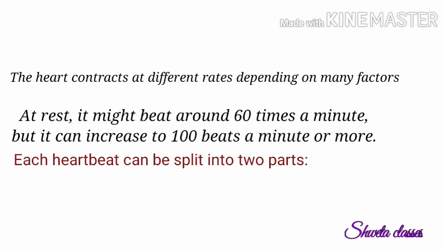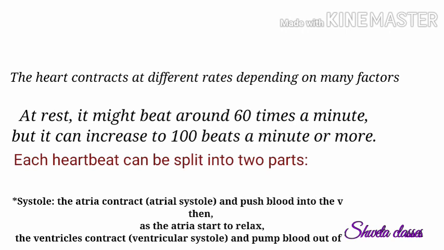What is diastole? The atria and the ventricles relax and fill with blood, that is called diastole. Systole: the atria contract and push blood into the ventricle. Then the atria start to relax. The ventricle contracts and pumps blood out of the heart. That is called systole.